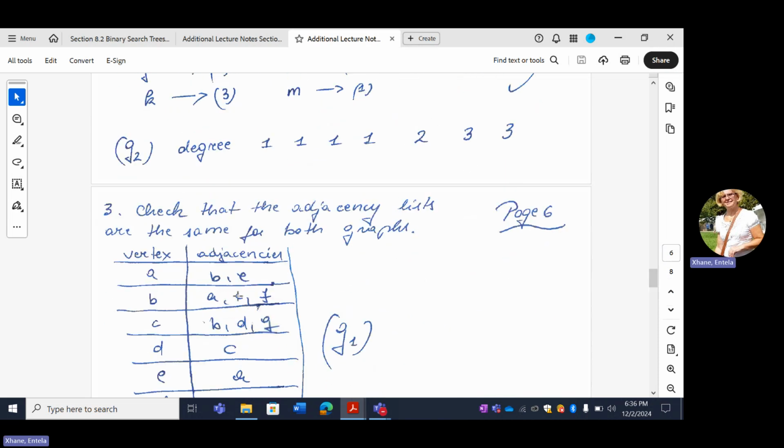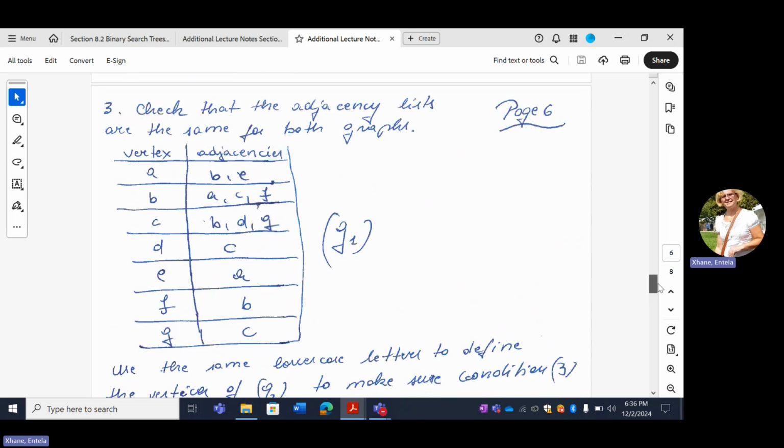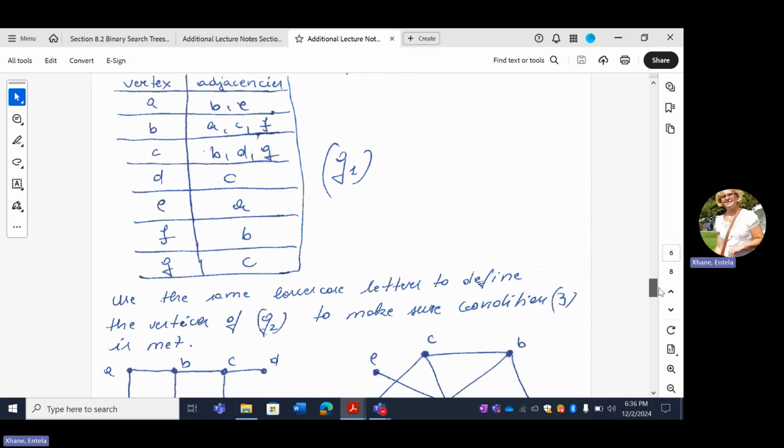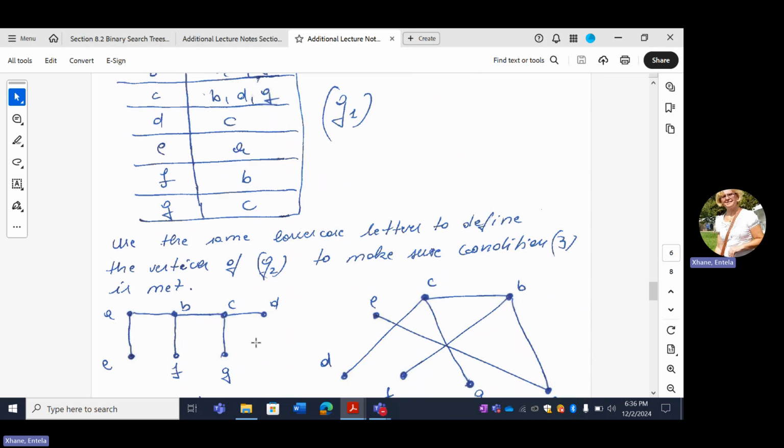B is connected to A, to C, and F. C is connected to B, D, G. Yep. And then we have these 4 vertices, D, E, F, G, that are connected to only one. So D is connected to C, E is connected to A, F is connected to B, and G is connected to C.